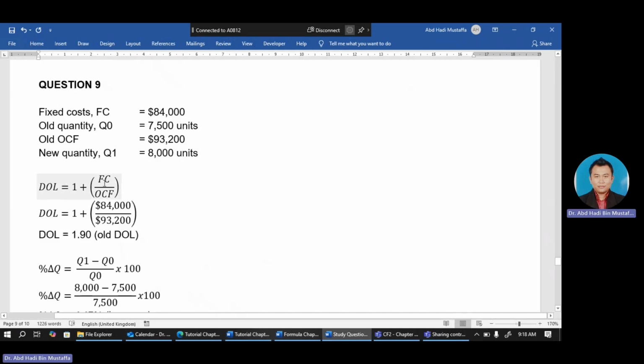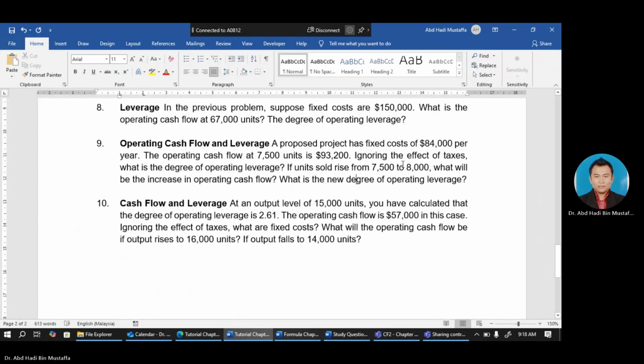Guna formula DOL, maknanya dia dah bagilah 84,000, Q kosong 7,500, old OCF 93,200, new quantity dekat sini 7,500 ke 8,000, meaning that 7,500 is a Q0, 8,000 is a Q1. Daripada lama ke baru lah.